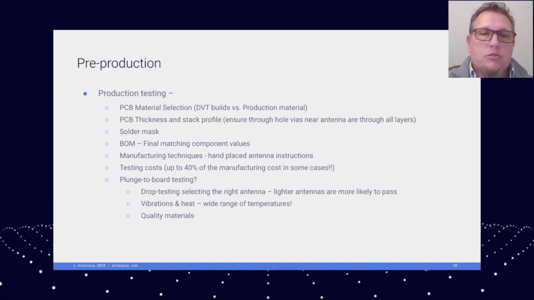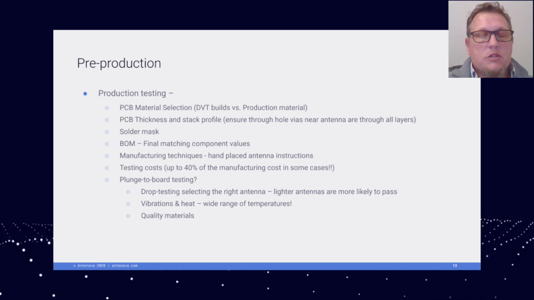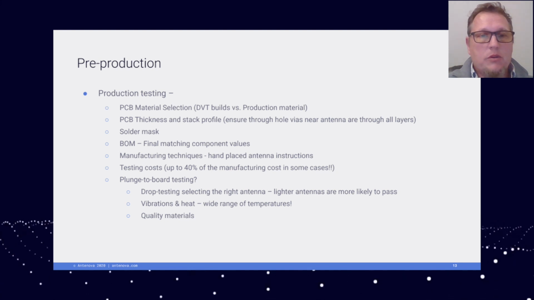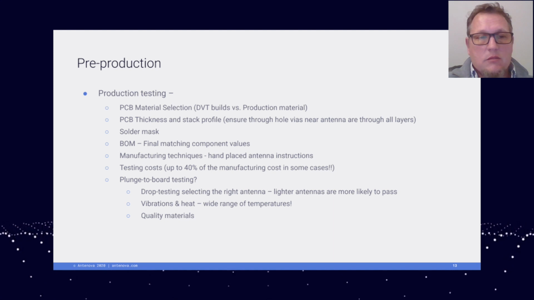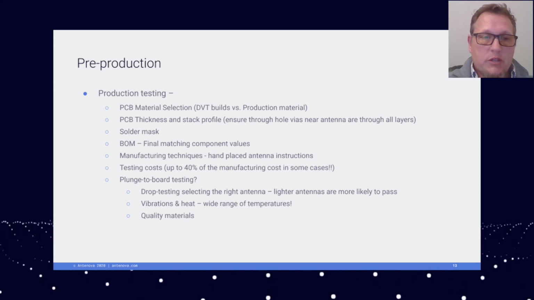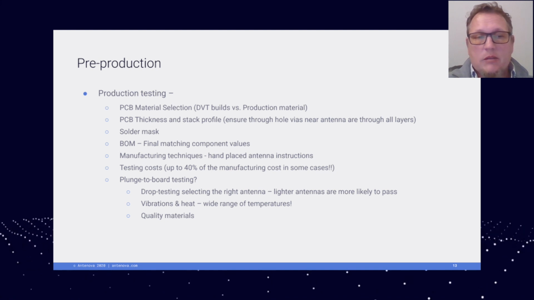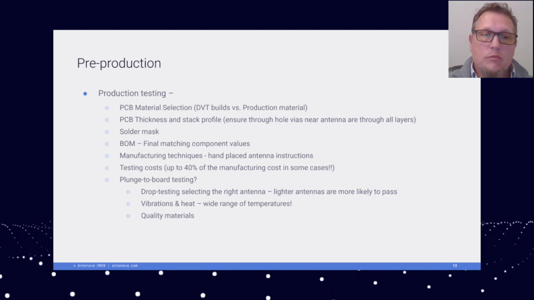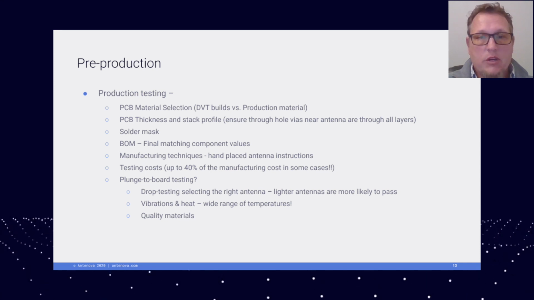Once you start getting closer to your design verification test builds, you're going to want to pay close attention to the PCB material you have selected. The DVT boards are small production run boards, and sometimes they use a different stack up or a different material in the quick turn boards versus the production material.